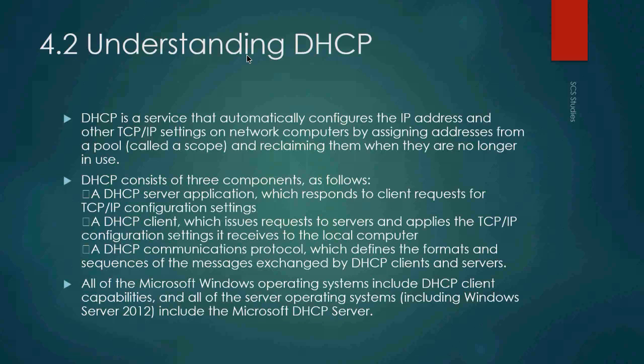DHCP is a service that automatically configures the IP addresses and TCP/IP settings for network computers. That means all the computers joined to the network connect to a DHCP server, and the DHCP server then sends the IP address to the client machine.